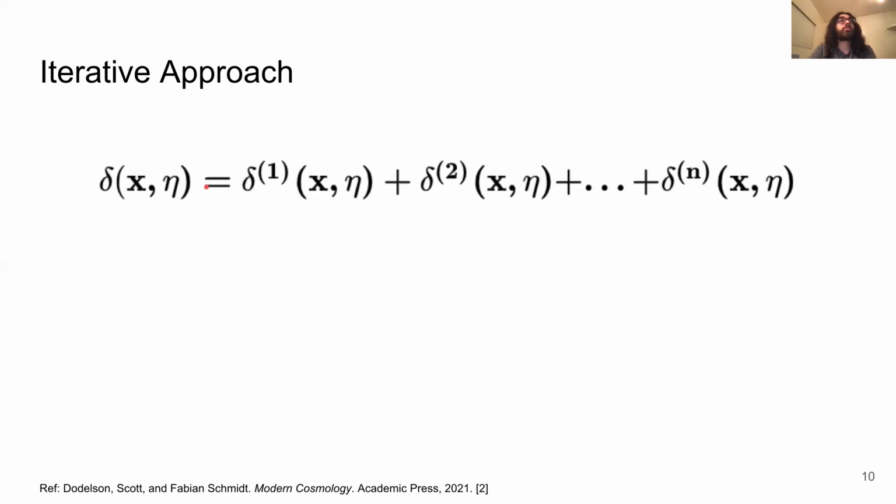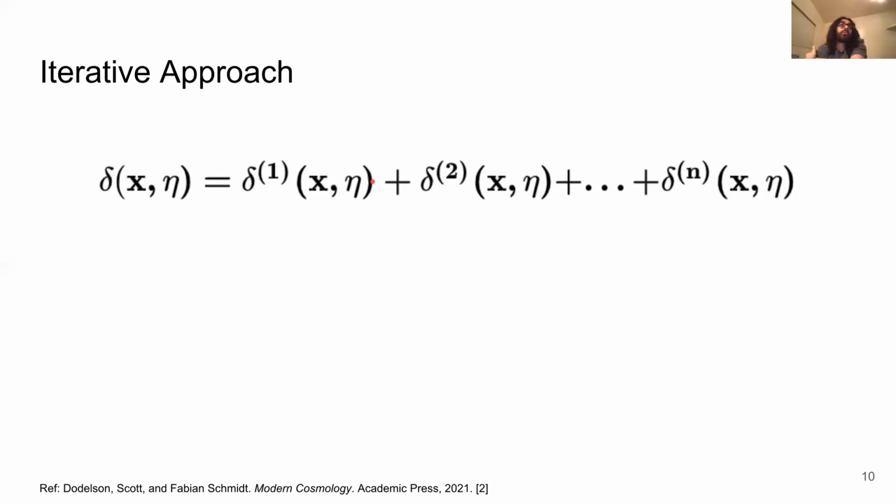So this is saying that the general over-density perturbation is equal to our first order linear approximation solution plus higher order correction terms. And each term is smaller than the last, and it depends on the last term.